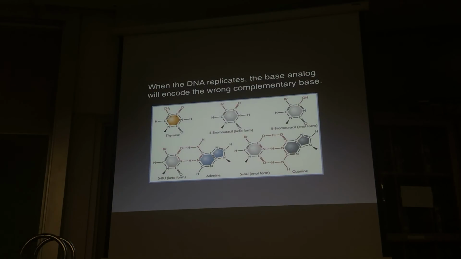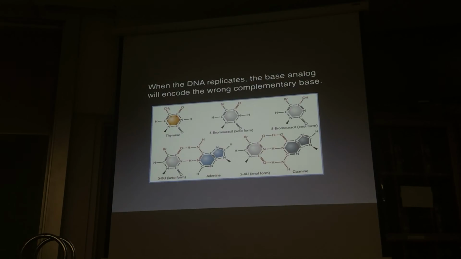What kind of a mutation is that? The normal base that would pair with thymine would be adenine. If 5-bromouracil encodes guanine instead of adenine, what is that? Just in general, that's a substitution. So that's going to give you a substitution type, point mutation.